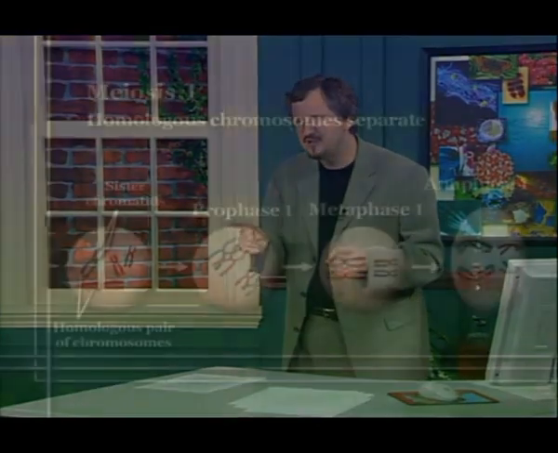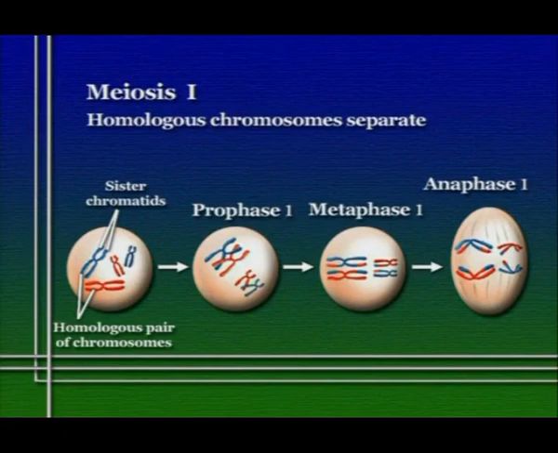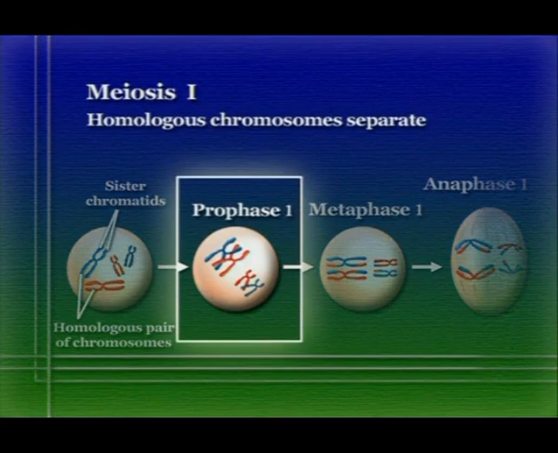But what if two genes are on the same chromosome? Now, the first thing we might expect is that if two genes are on the same chromosome, they should be linked. They should always move together. Right? Because when those chromosomes separate in meiosis, the whole chromosome goes one place or the other. Or does it? Remember back to our discussion of meiosis. Remember that in the prophase of the first meiotic division, those homologous pairs of chromosomes associate very closely.